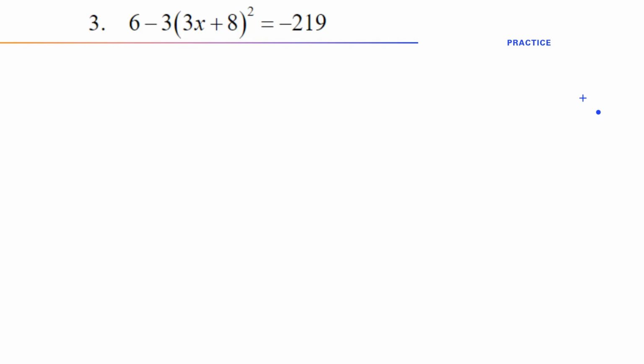Number 3. So remember, we have to combine like terms first. So now we will subtract 6 from both sides.